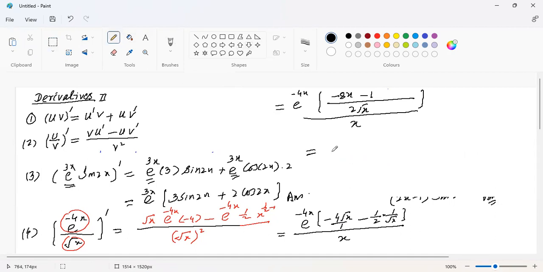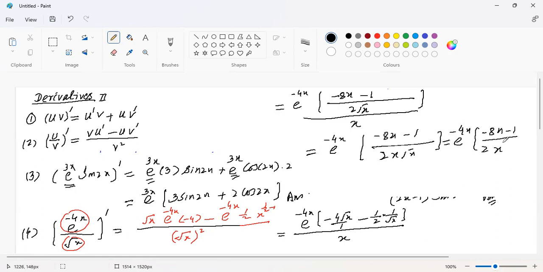In the next step, as in the previous question, we can simplify and write the final answer. Here, e raised to power minus 4x, and writing this as minus 8x minus 1. And I said that both denominators will be multiplied, x and the root of x. And finally, you can multiply these and write it in a single term, e raised to power minus 4x into minus 8x minus 1 divided by 2 into x raised to power 3 by 2.